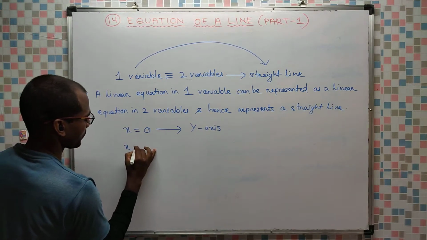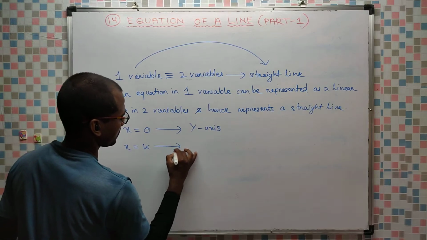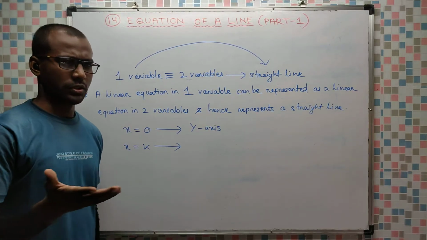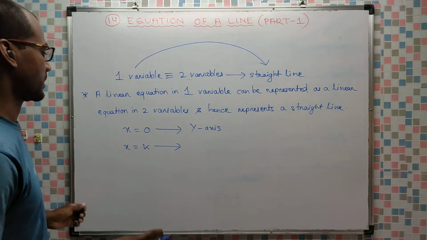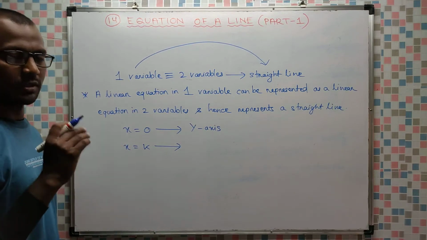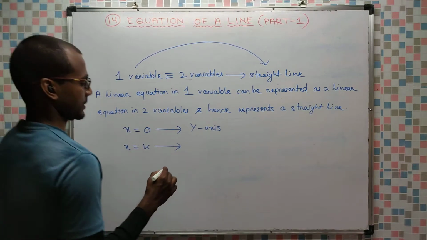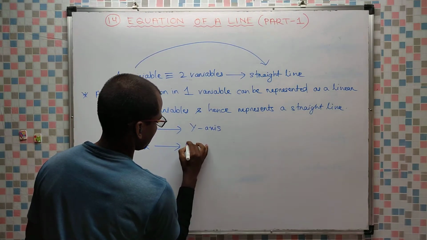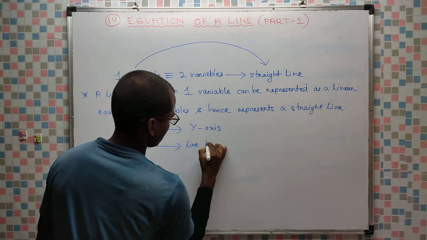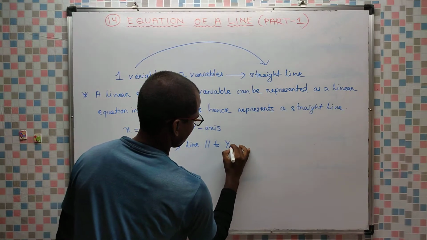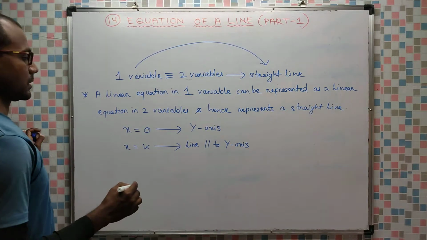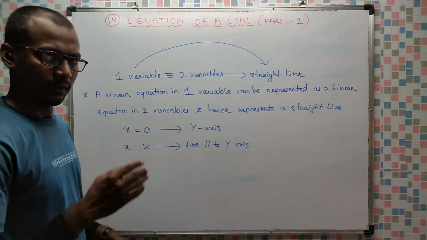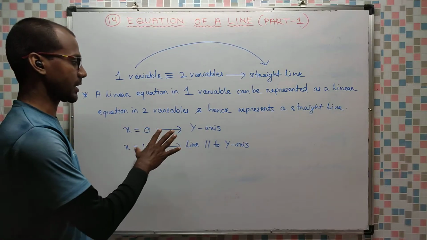Then x is equal to any constant, minus 2, plus 3, root 2, root 5, 16, 17, etc., represents a straight line parallel to the y-axis. If you have any doubt, you can refer to that chapter, reflection.